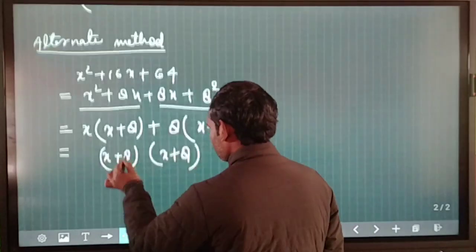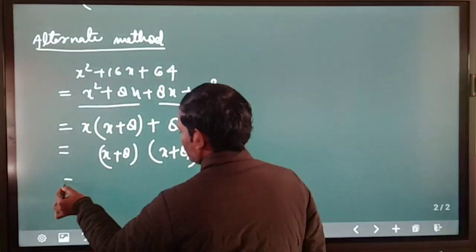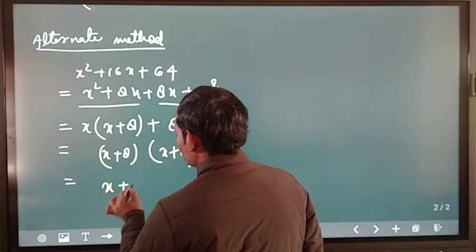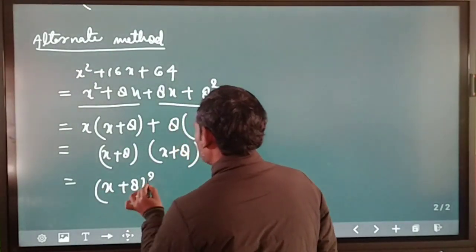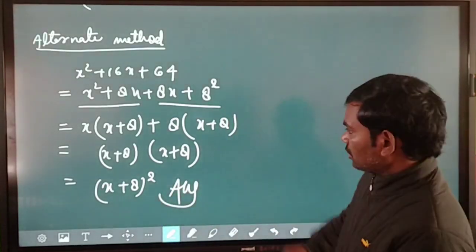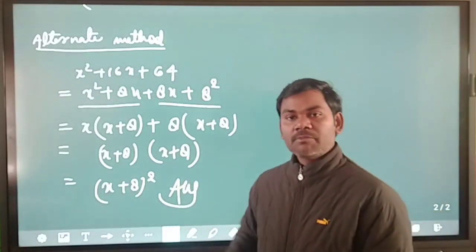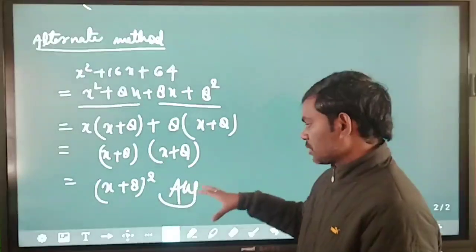Here x plus 8 into x plus 8 can be written as the whole square of x plus 8. So this may also be the answer, and the method is as we solved previously. I hope this is clear.